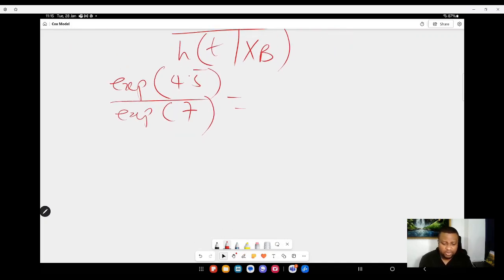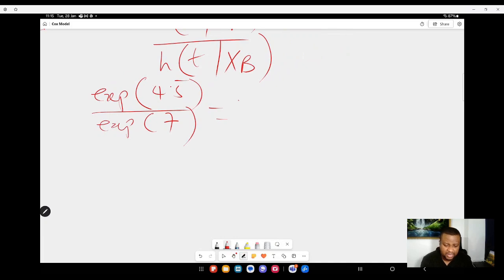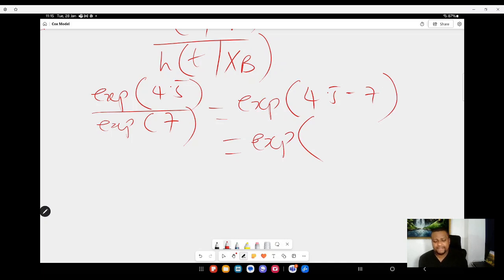Breaking down further, we have exponential of 4.5 minus 7, which is exponential minus 2.5. So this means that runner A is only 8% as likely as runner B to finish at any given moment. Meaning that runner B zooms fast, or runs fast.